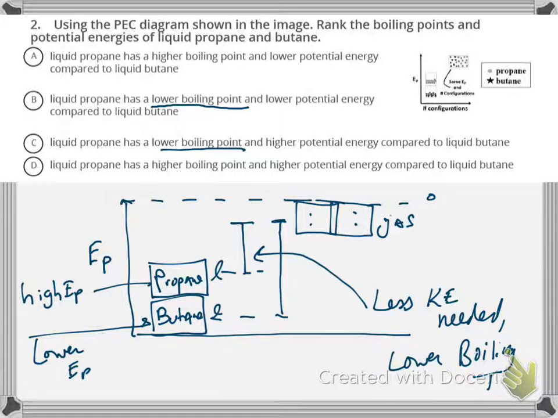That would be the choice between B and C. And then based on that lower boiling point and the analysis of the potential energy, we see that propane also has a higher potential energy compared to liquid butane. So we see the trend that the lower the potential energy is for the liquid, the higher the boiling point. So the answer is C.